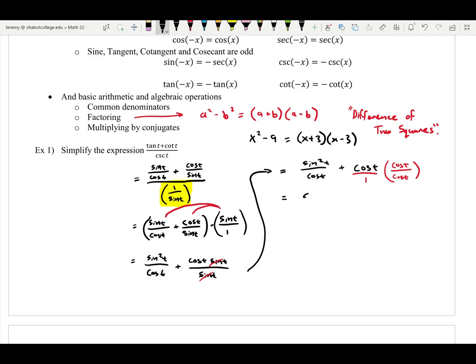So then I'll have sine squared t over cosine of t plus cosine squared t over cosine of t. And now that we have common denominators, we can just add the numerators together, and we'll have one big fraction that'll look like this.